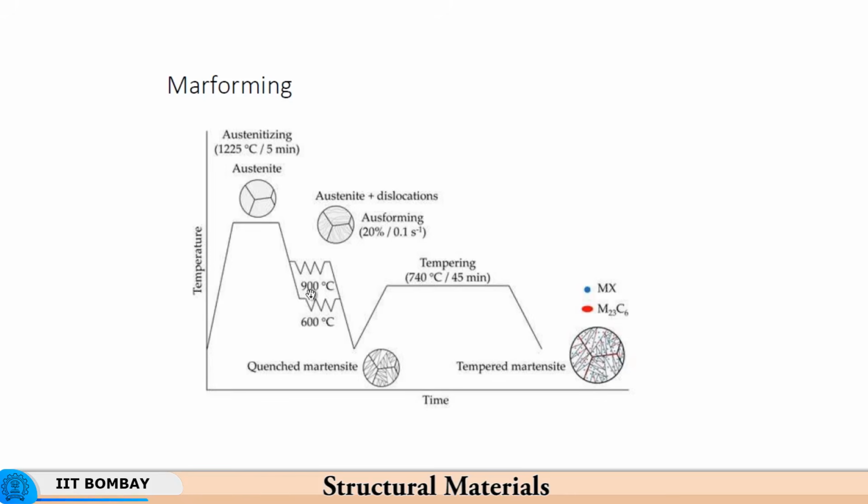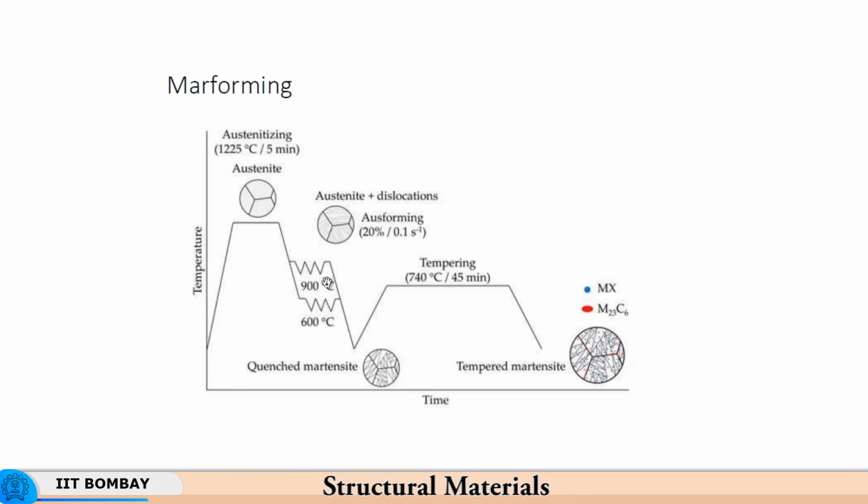So what you get here is austenite plus some dislocation density, because now you are working it at a much lower temperature. Austenite is a single phase and it will have some dislocations. So this process is called ausforming. At 600 degrees centigrade you have two phases, meaning partly pearlite and austenite.